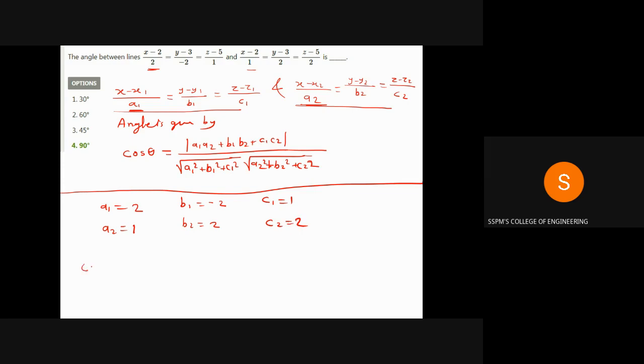Therefore cos theta is given by first a1 a2, which means 2 into 1, plus b1 b2, minus 2 into 2, plus c1 c2, 1 into 2.